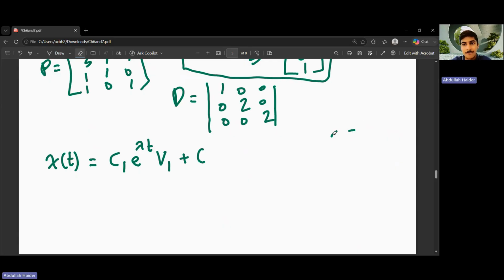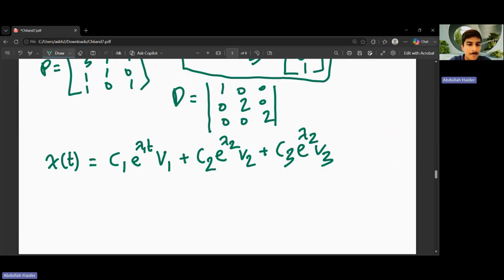So this is something you need to memorize because this is different from chapter 6. x(t) = C1 e^(λ1 t) V1 + C2 e^(λ2 t) V2, and since we had two vectors for the same eigenvalue, we will write C3 e^(λ2 t) V3.